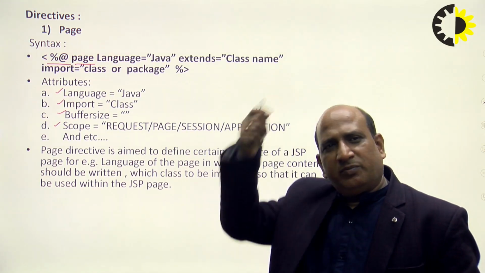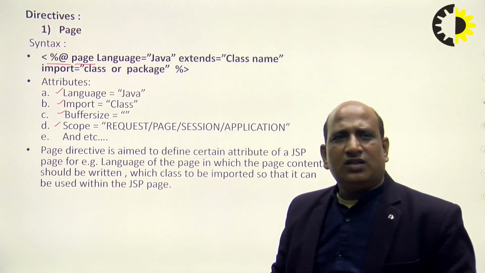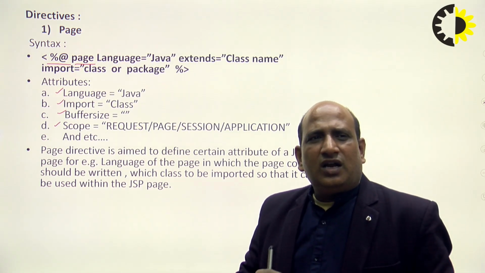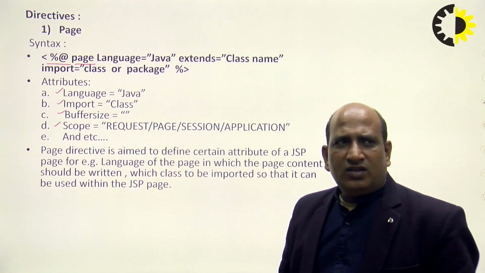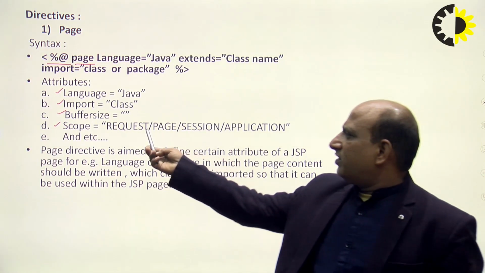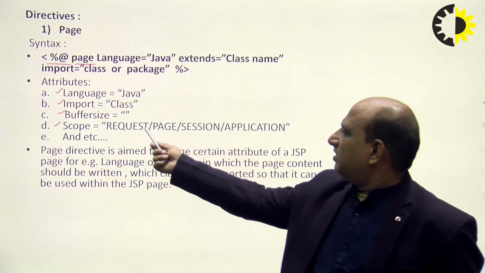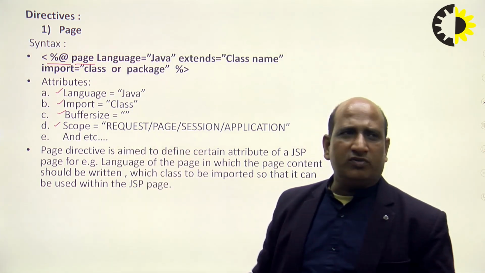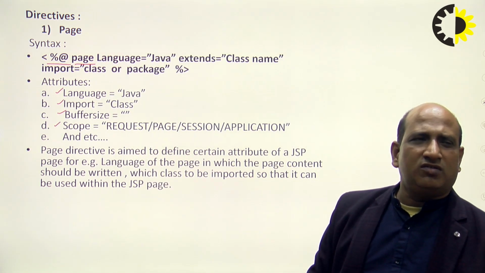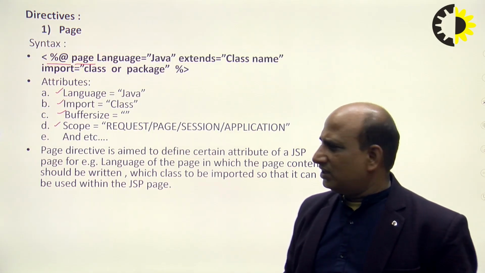As we have already understood, scope tells to what extent you can access things. You can write any one value for this scope attribute: scope equals request, or page, or session, or application.